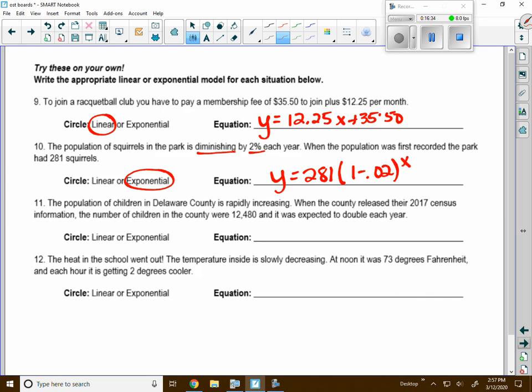Explanation on this one, there's 281 girls to start. That's our y-intercept. And then we're losing 2% each year. So when we lose 2%, we have to put in that 1 minus because it's a percent. And then 2% written as a decimal is 0.02.